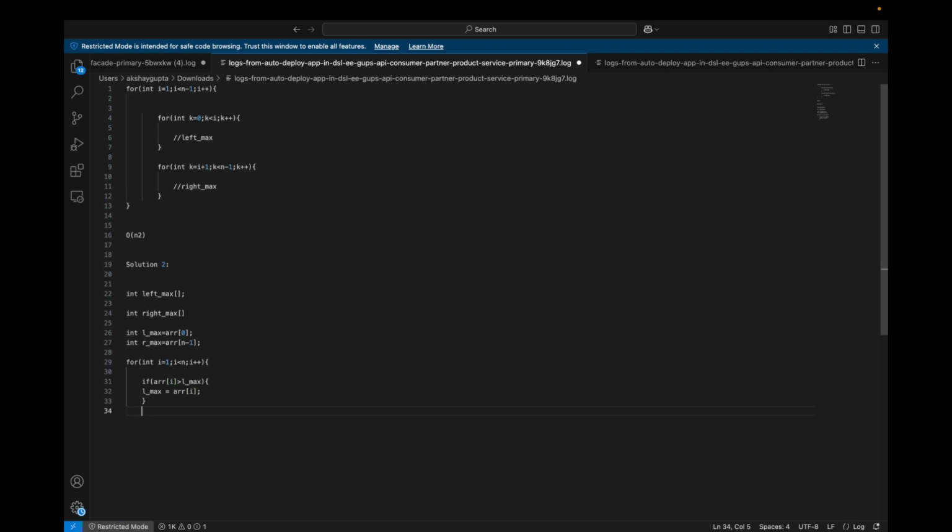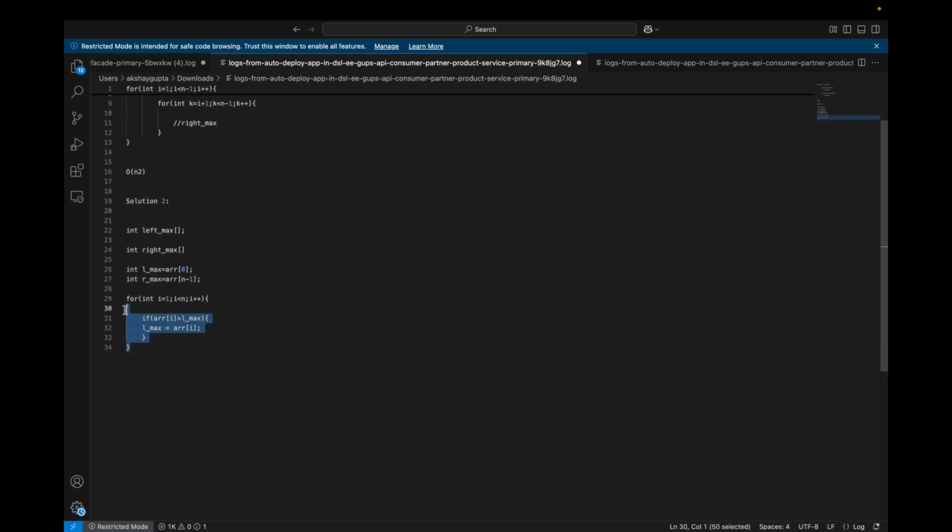Same thing I will do for the calculation of the right max. I will run one more loop from n minus 1, with I greater than or equal to 0, and I minus minus, and I will check if the element is greater than the right max, then I will update the right max.